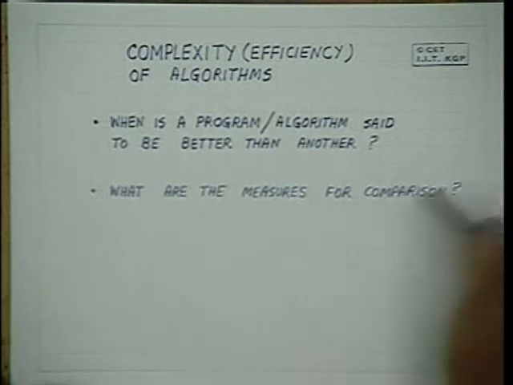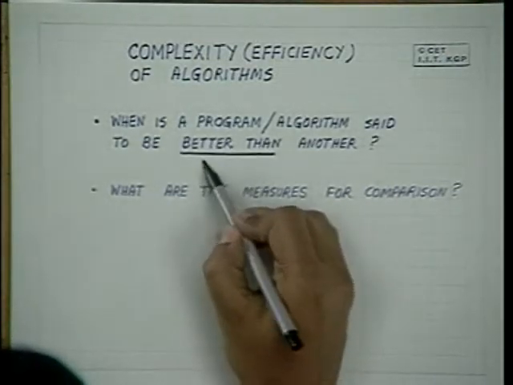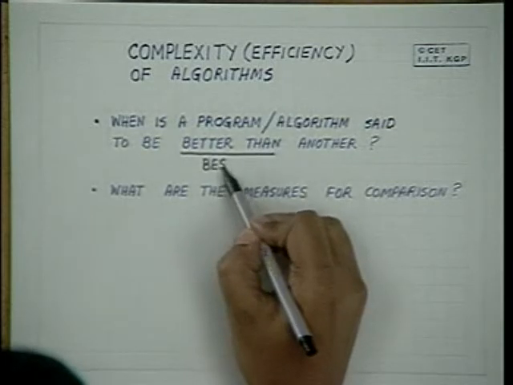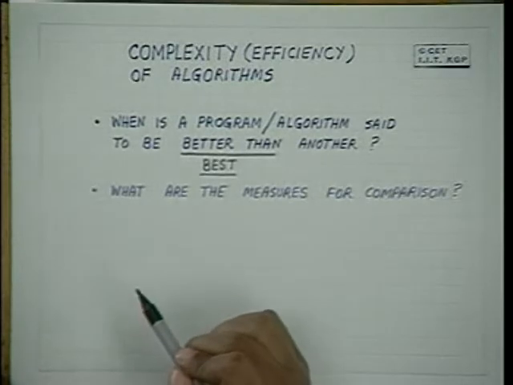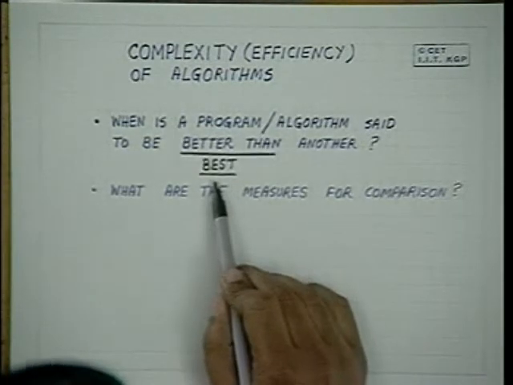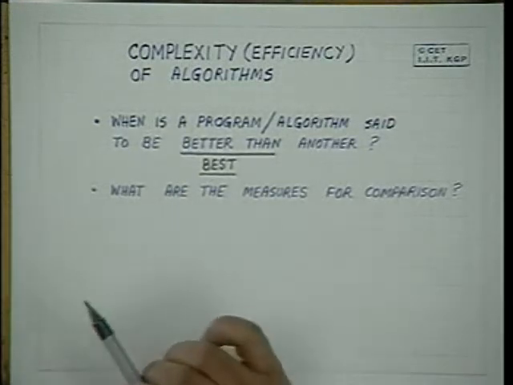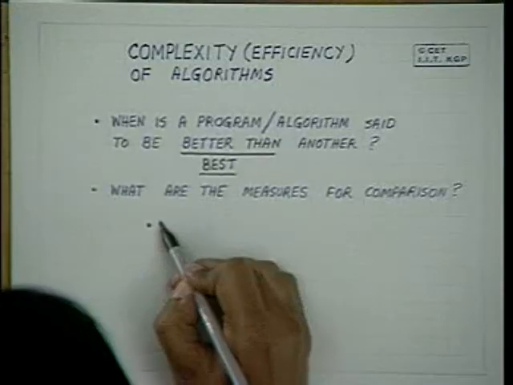Unless we understand the concept of what is said to be better than, we will not be able to realize the concept of best. And that is what we are trying to find out: what is the best algorithm for a particular problem? To answer this question, we must first answer what the measures of comparison are. The first measure for comparing two algorithms is the time required.